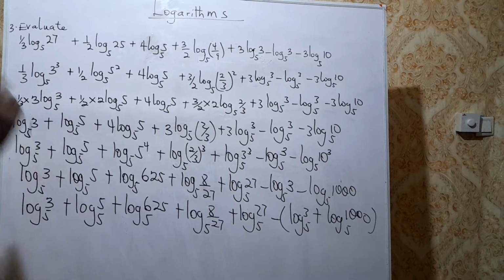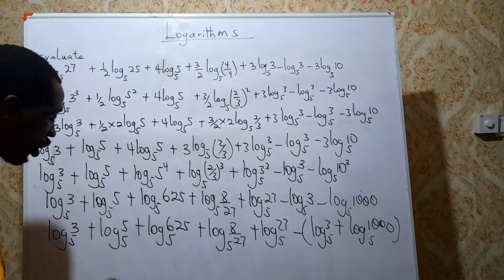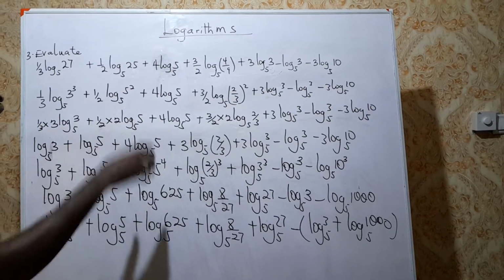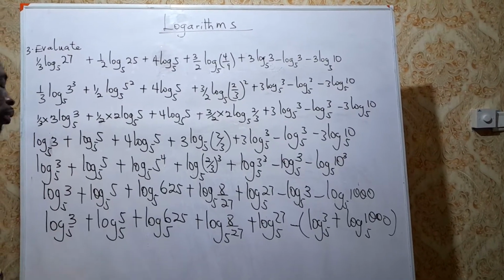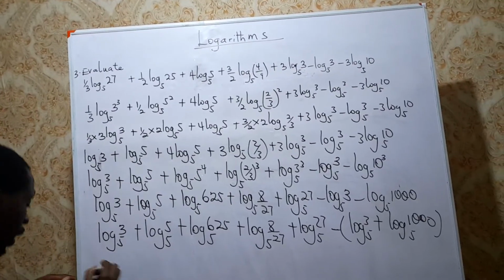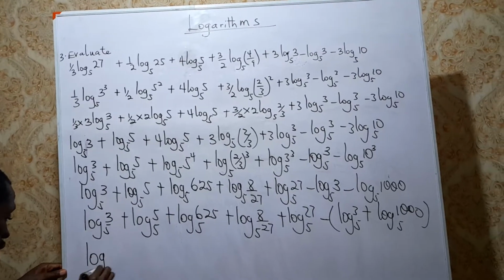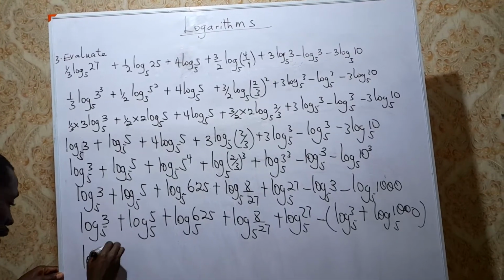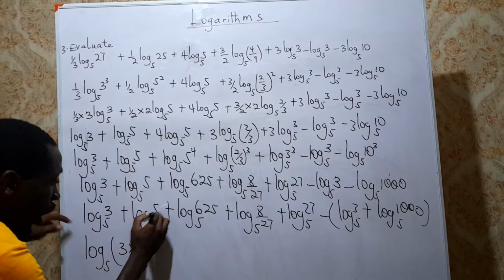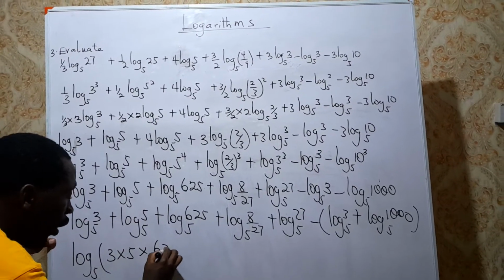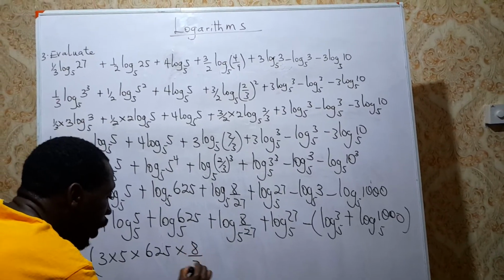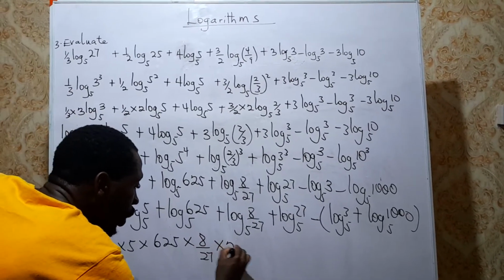Remember, one of the laws of logarithm says when they are adding with the same base, we repeat the base. That's the first law. We repeat the base and multiply the logs. So we can rewrite this long thing as log base 5 bracket 3 times 5 times 625 times 8 over 27 times 27.